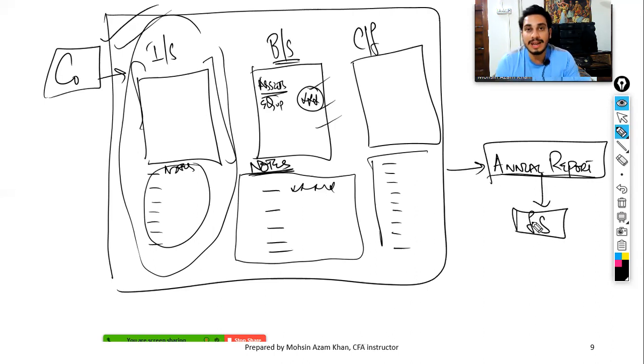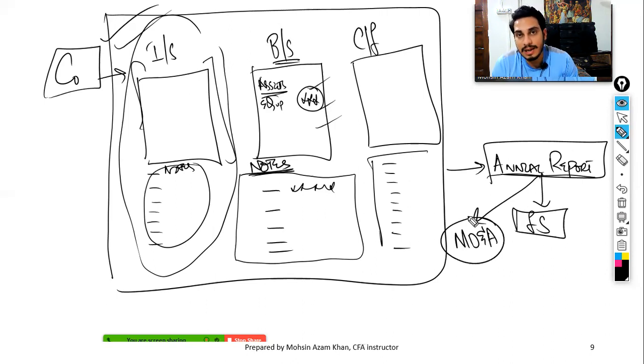Sir, is there any other part in the annual report? Yes, there is also a part of management discussion and analysis. In this case, management is discussing, analyzing, and giving its own perception. It is giving its own view of what they feel about the company and how the company has performed.